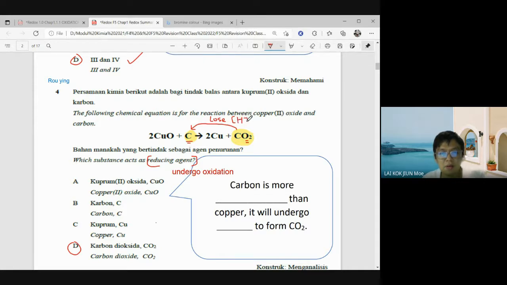Reducing, right. If it is reducing, is the answer correct? Cannot. So we cannot accept it already. You have to check. So we check again, who undergoes oxidation? Who do you think, Rowing? Other friends can also help, no problem.